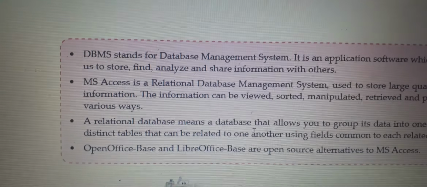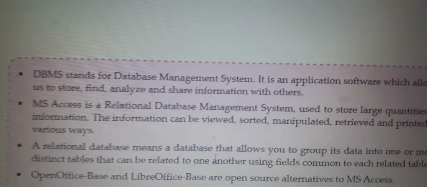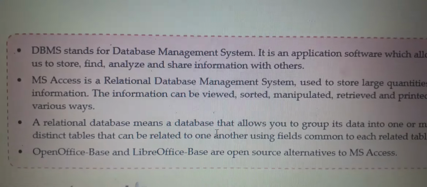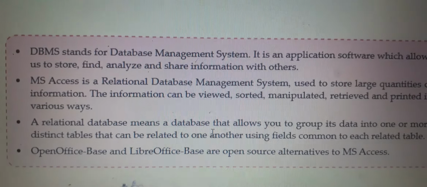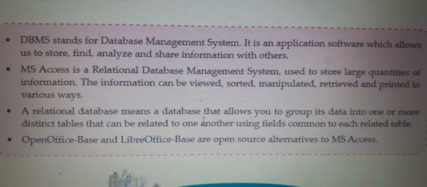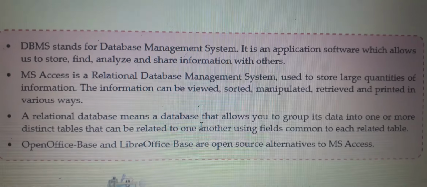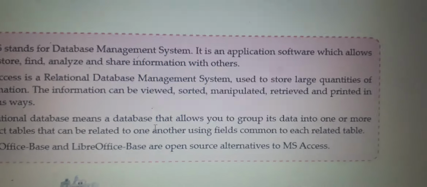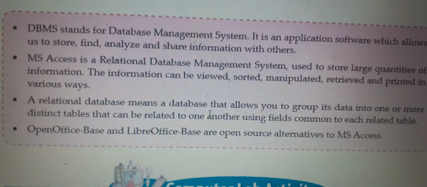Next is DBMS. Its full form is Database Management System. It is used to store, find, analyze and share information with others. And next, MSSS is a relational database management system used to store a large quantity of information.